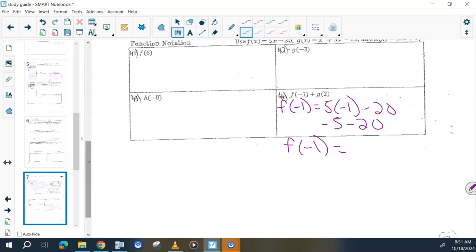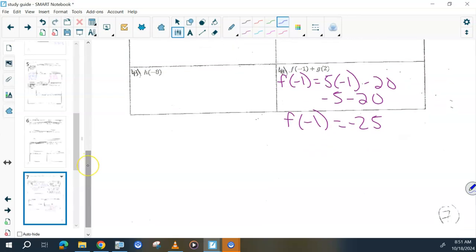F of negative 1 is equal to what? Negative 25. Then we're going to go back and do the same thing with the g of x equation, because I need g of 2, so I'm going to use that g of x.